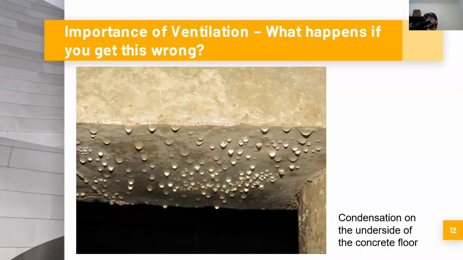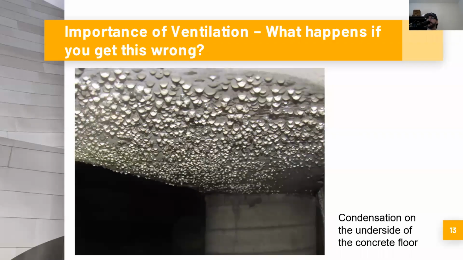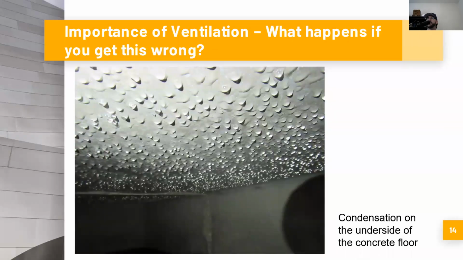Condensation on the underside of the concrete. In this particular example, you can see that the buildup of humidity results in condensation forming, which keeps the floor wet. Another example of that happening, lots of condensation. Another example.